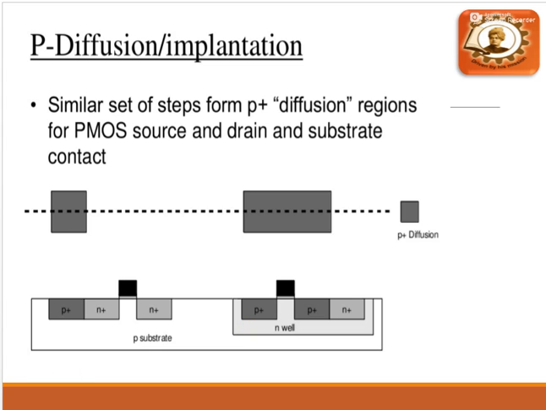This is shown in the figure. So in the complete circuit, the P plus region on the P substrate represents our P substrate terminal. Here the N plus region in the N tub represents our substrate for the PMOS.